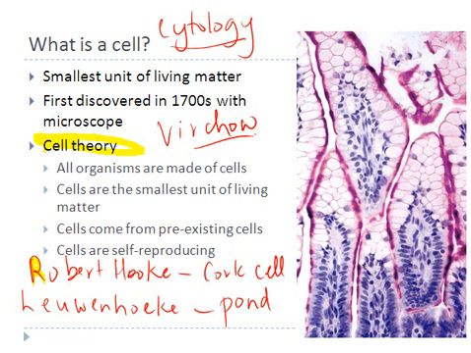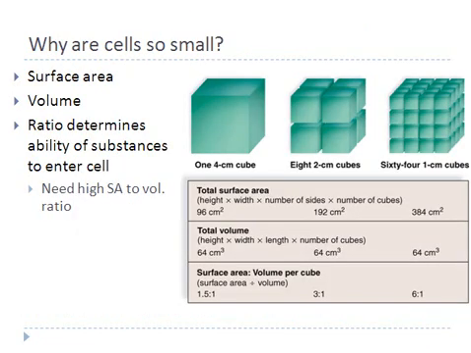So now that we know what a cell is, let's explore the other question, which is, why are cells so small? To answer this question, think of the surface area that is needed for a cell. If the cell is round, it needs to absorb as many nutrients and exchange waste and other substances, and thus constantly it will have things coming in and out of the cell.